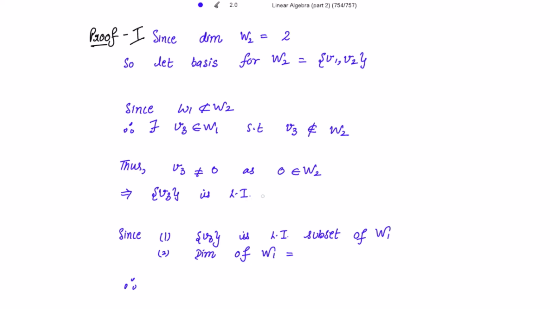Now it is a linearly independent subset of W1, right? And as the dimension of W1 is equal to 1, V3 is a linearly independent subset of W1 and the dimension of W1 is equal to 1, which means V3 is the basis for W1.